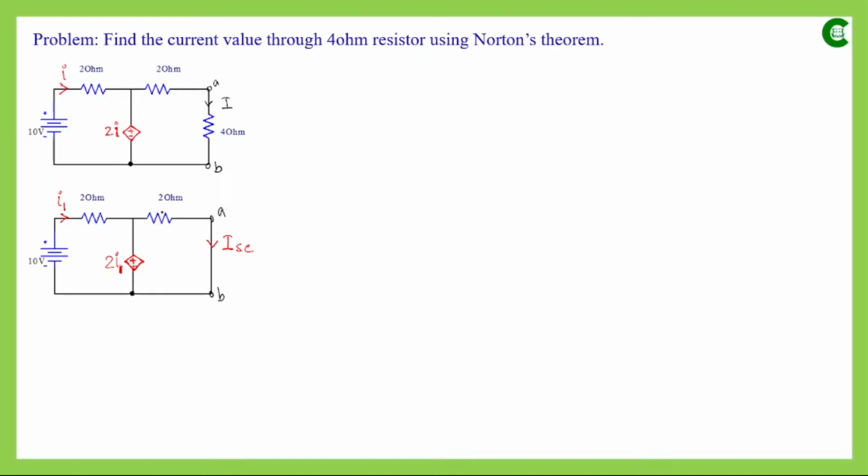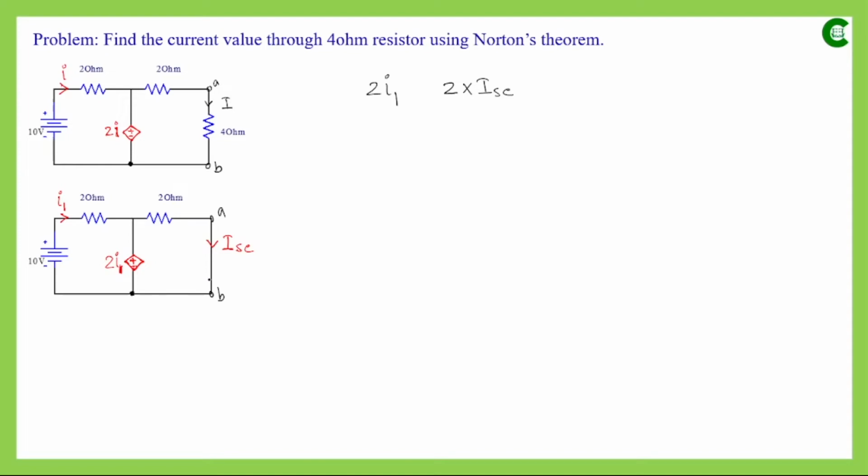Now from this part of the circuit we can see that the voltage of the voltage source connected between these two terminals is 2I1, and the voltage across this resistor will simply be 2, the resistance value, multiplied by the current ISC.